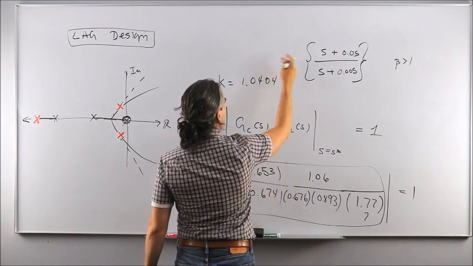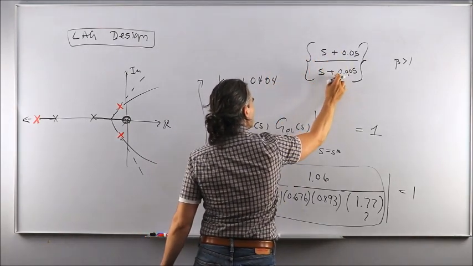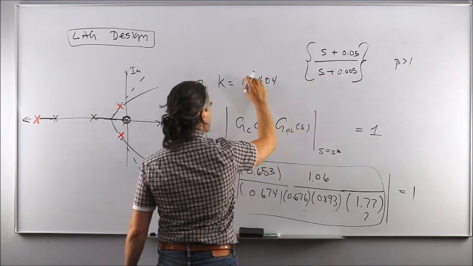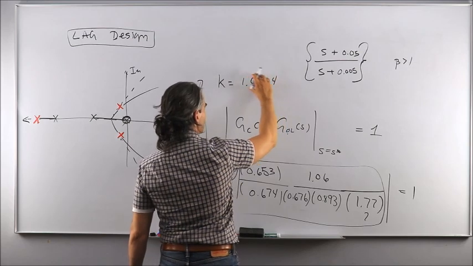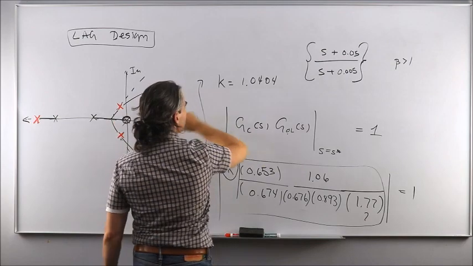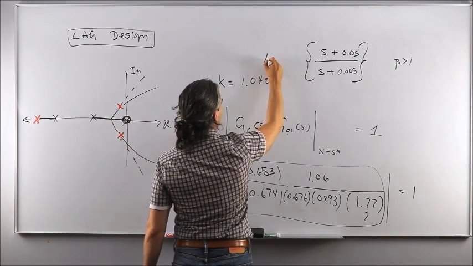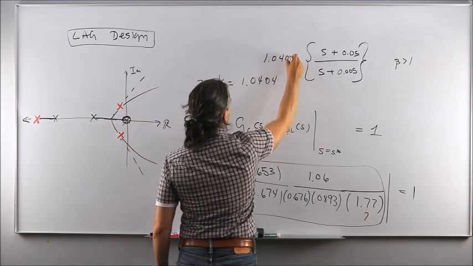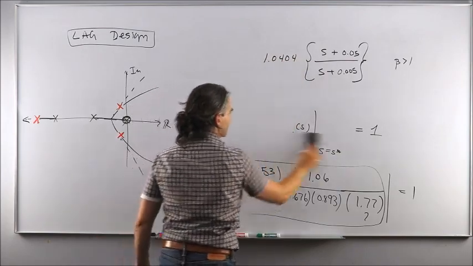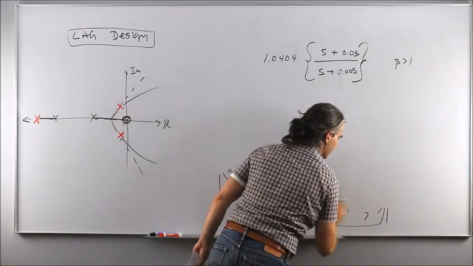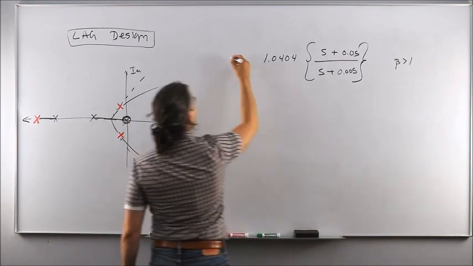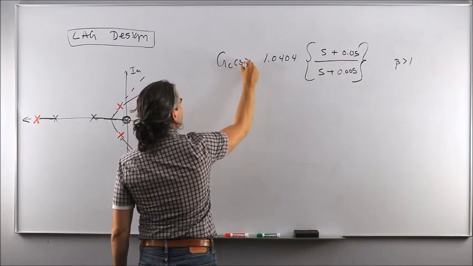That means that by adding this zero and this pole to the complex plane, you pretty much didn't disturb the original root locus, because you only need to shift the closed loop pole locations by a tiny bit to re-ensure that they end up where they were before. Okay? That would be 1.0404, your compensator transfer function, GC of S.